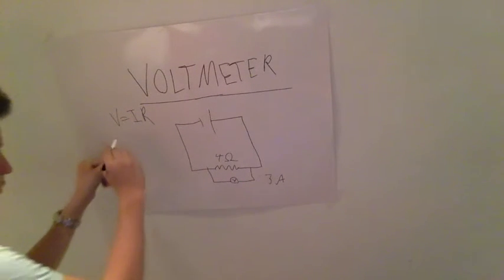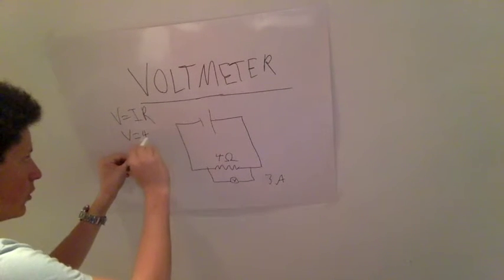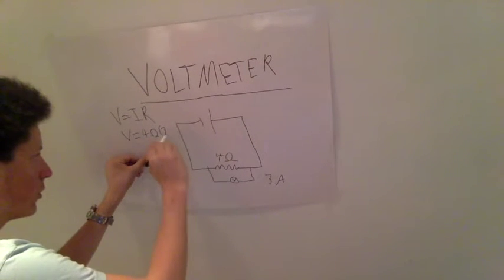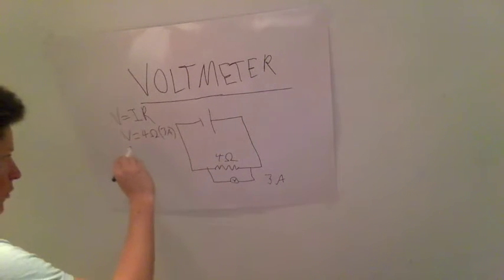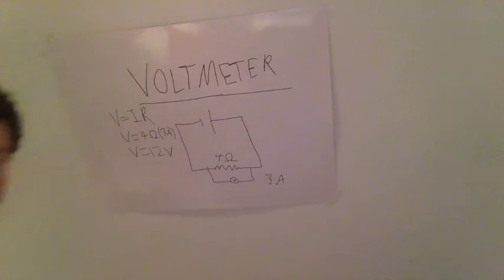So in this case, voltage would equal 4 ohms times 3 amps. That means that the voltage is 12 volts. It's pretty simple. Voltmeters are relatively straightforward, and that's pretty much it for voltmeters.